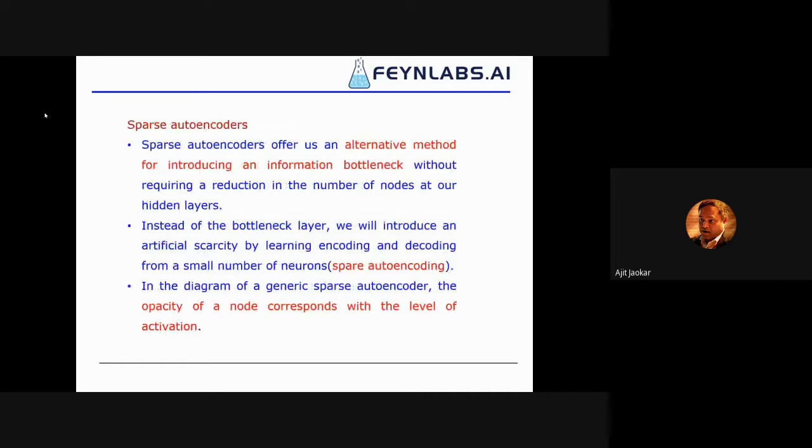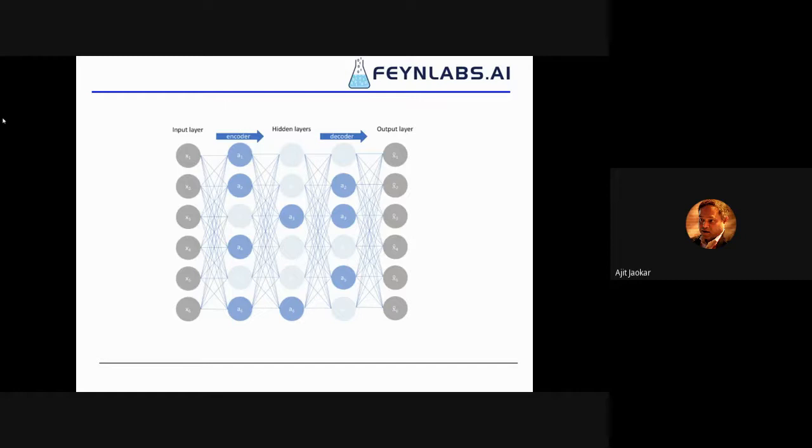Now there are a few other ways to create a bottleneck. The first one is called sparse autoencoders. The idea of a sparse autoencoder is to introduce a bottleneck not by reducing the number of neurons, but by keeping the same number of neurons in each layer and dropping out some of them in the middle. In some of these cases, you have a neuron that is blue, but the other ones around it are not that blue, so they have been removed.